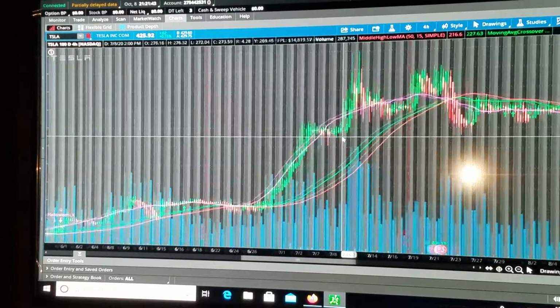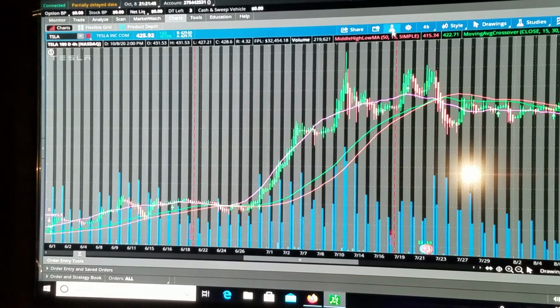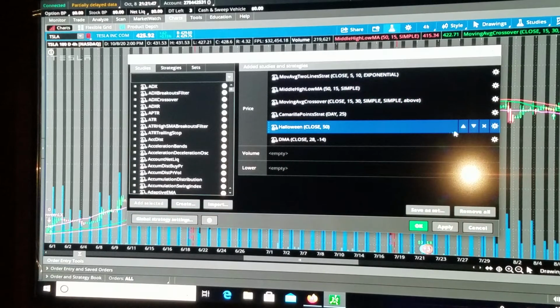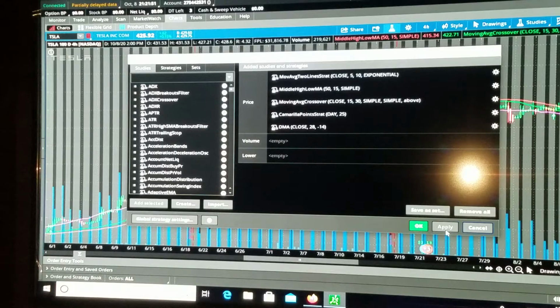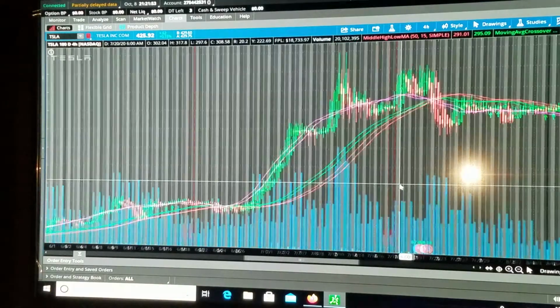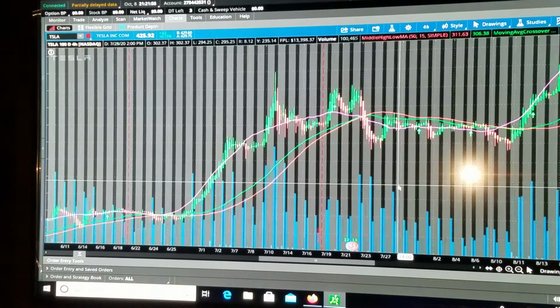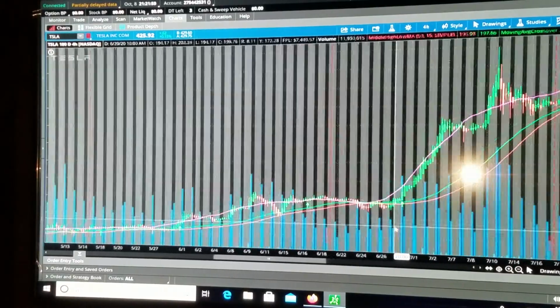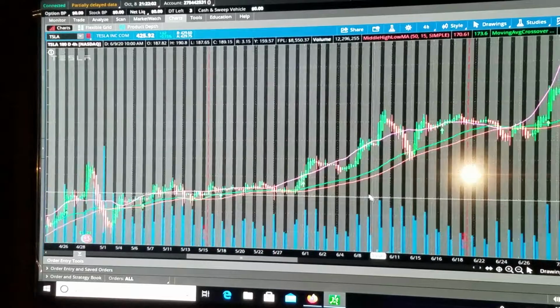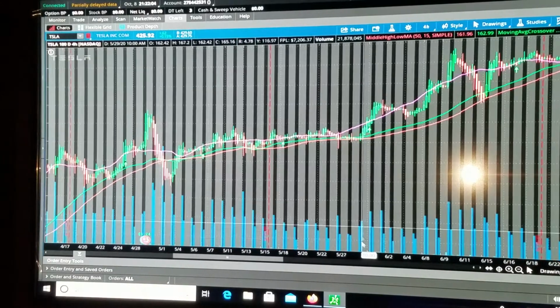Let's get rid of that. Okay. Looks like it knew how to handle some consolidation. That might have been good. We're going to want a way to handle a consolidating market.